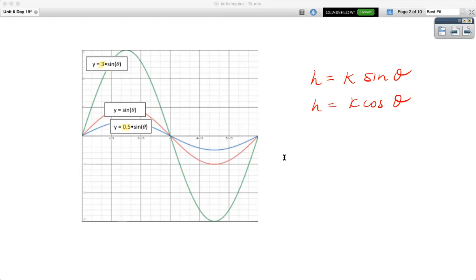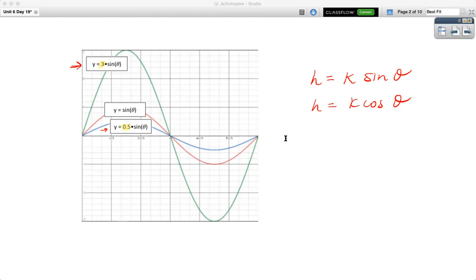So what's my k in my function y equals 3 sine theta? My k is that 3. And so that 3 is changing the height of this graph by a factor of 3. What about my function down here, the blue one, 0.5 sine theta? 0.5 is the k, and that is changing the height of this function by a factor of 0.5 or 1/2. And this is called the amplitude.